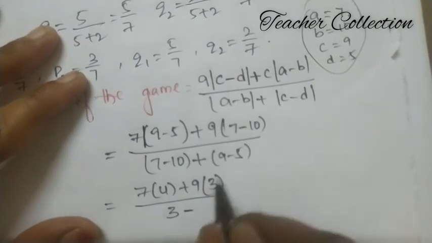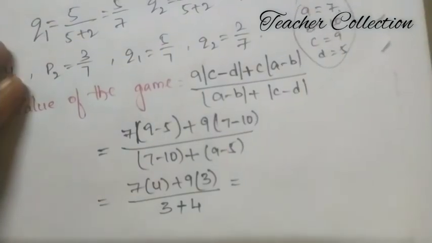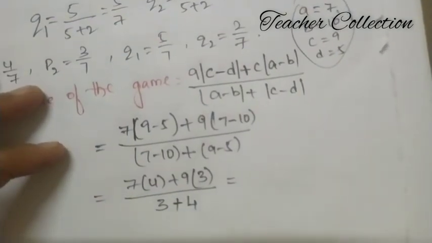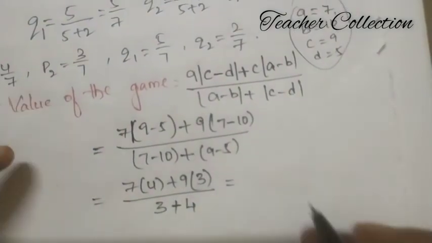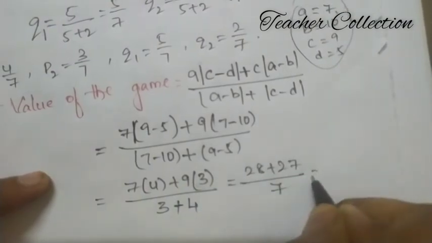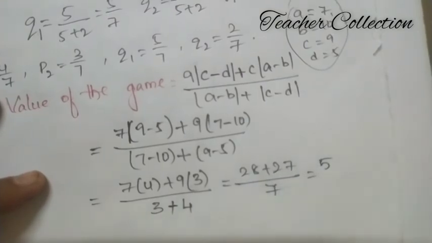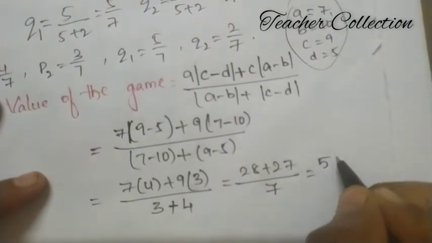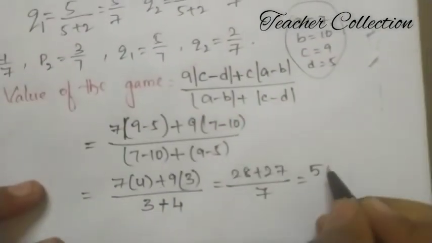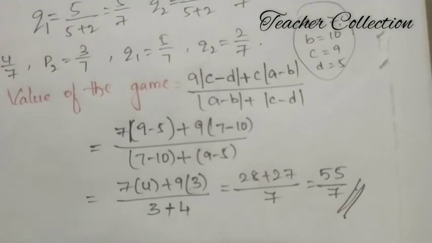Here also 3 and here 4. 7 4s are 28 plus 3 9s are 27, by 7. 28 plus 27 is 55, by 7. This is the value of the game.